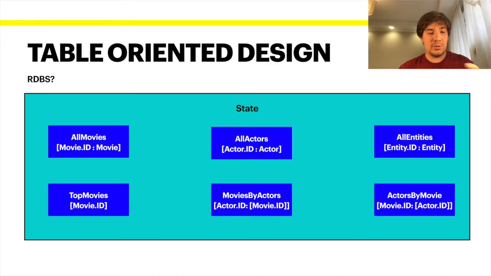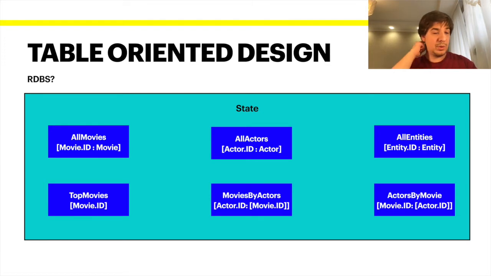We want to create different tables or components which will store all entities, for example, all movies, all actors, and separately we want to store some kind of list of IDs. So we're introducing these IDs as a way to uniquely identify state inside this huge blob.